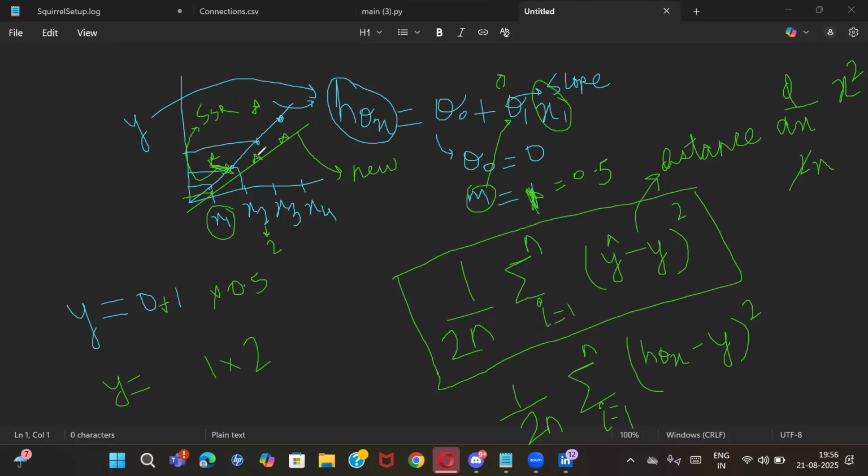Similarly, if you execute the values here, these are the actual data points, you know the value, and here is the predicted data point. And here n is the number of terms.